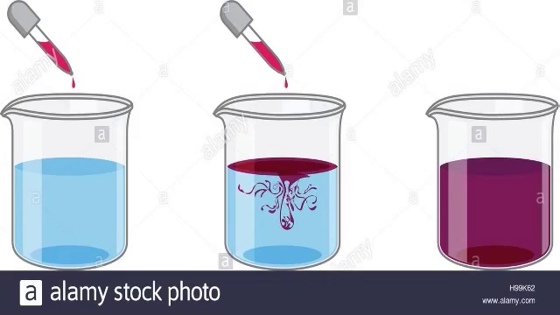In this homogeneous mixture, the first beaker has plain water, and then a sort of ink is dropped into it at the second stage. At the third stage, what do you see? A uniform distribution of the ink into the water, which changes the color of the water. So it makes it a homogeneous mixture.